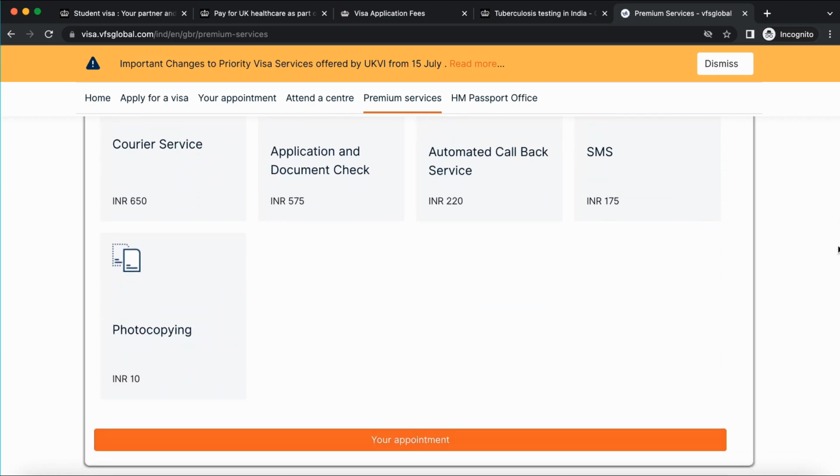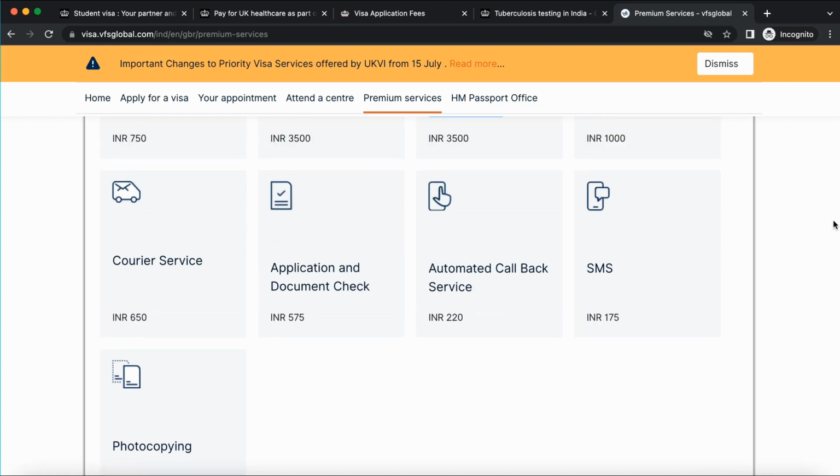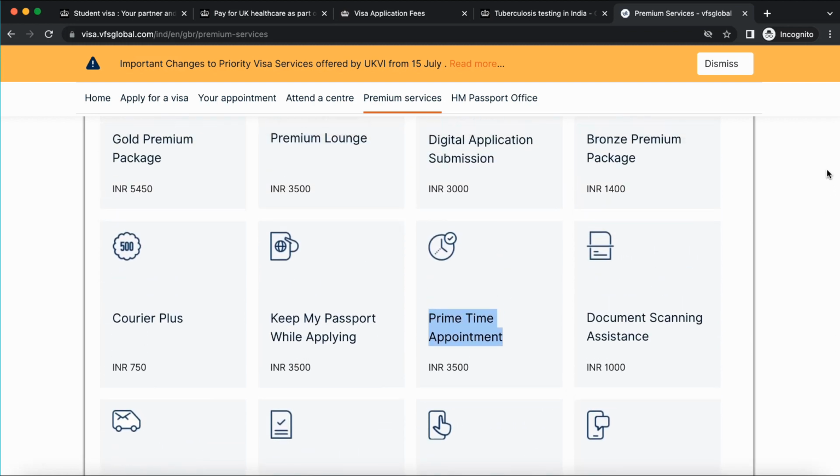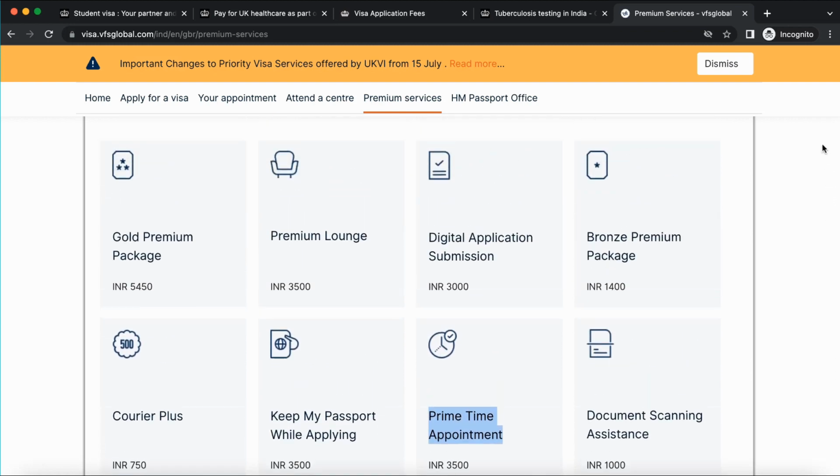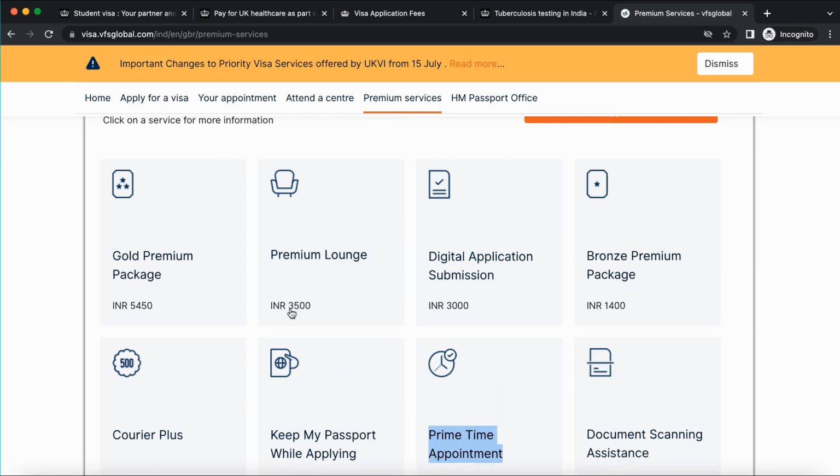Apart from that, you can use other services as well. Others I didn't find very useful. For example, this premium lounge was 3,500 rupees. It wasn't of any use, because when you go to the VFS Global, the security staff outside would tell you that the wait time is 1 hour or 2 hours, and it actually happened in our case.